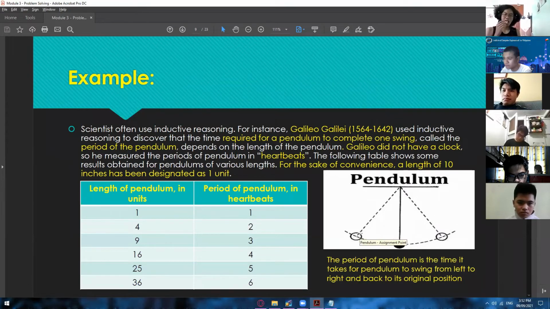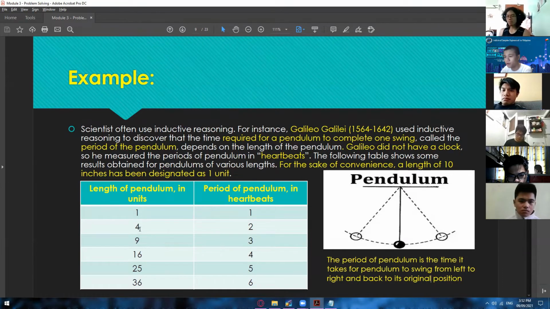That's why it's called a pendulum. Galileo Galilei measured that it only takes 1 heartbeat before it goes back to its original position. So 10 inches, or 1 unit, is equal to 1 heartbeat.